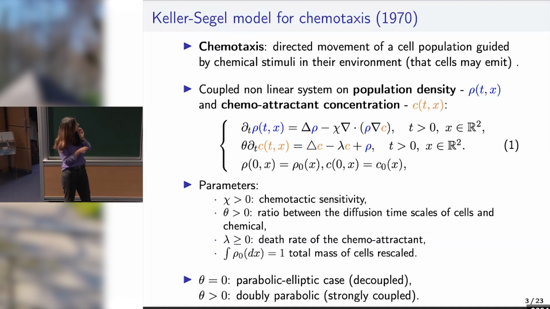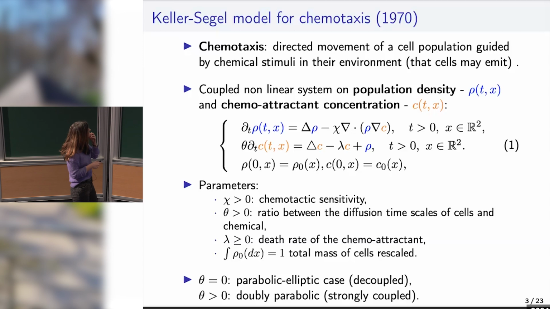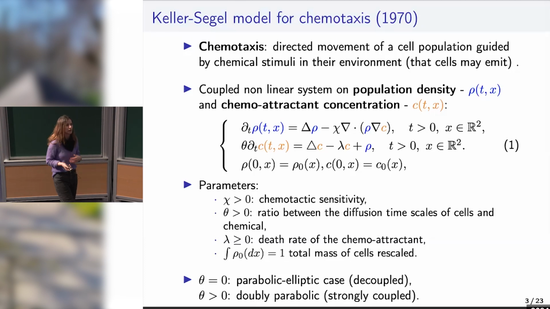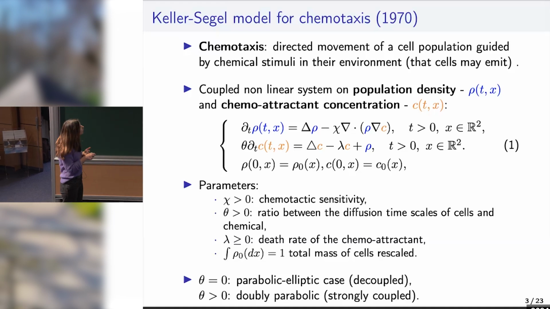This is the vocabulary usually used in the literature. When theta is set to 0, you have an elliptic equation here, and this is called the parabolic-elliptic model. It may be decoupled: if you set this to 0, then you have a Poisson equation here, and you can use the Green's function to decouple this and have only one equation.